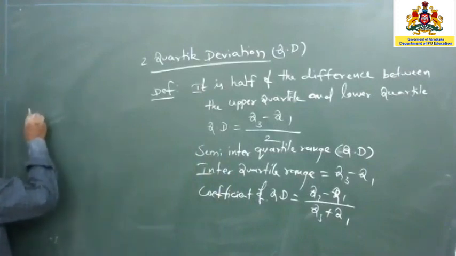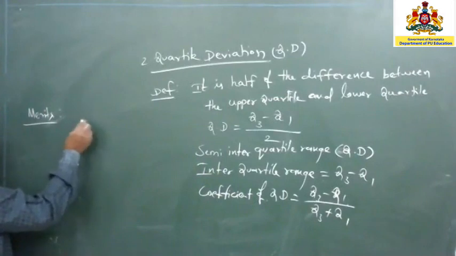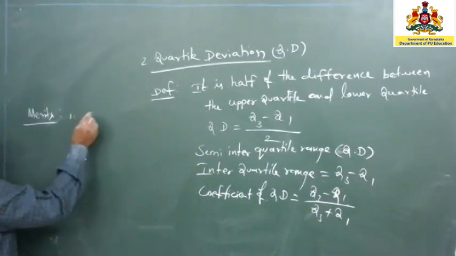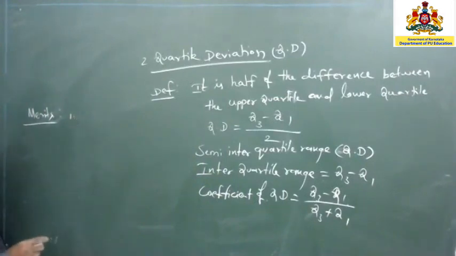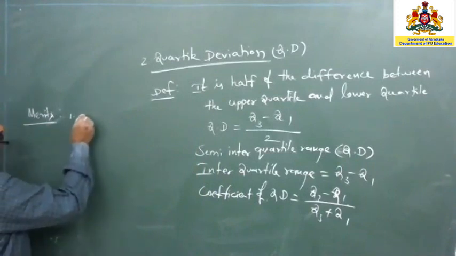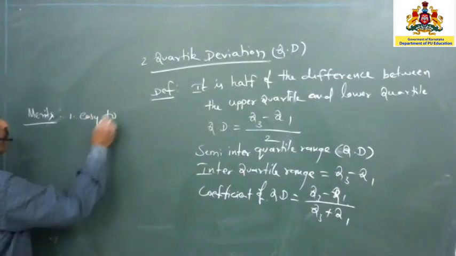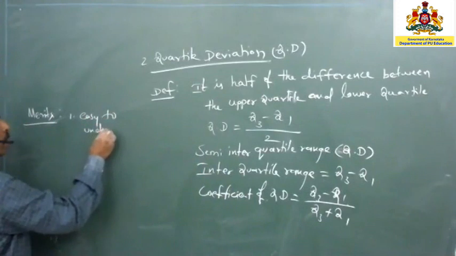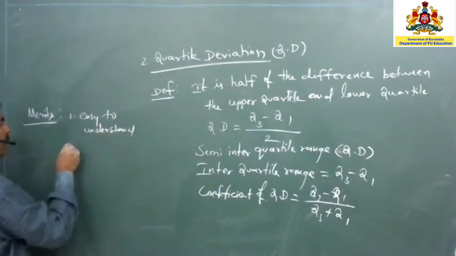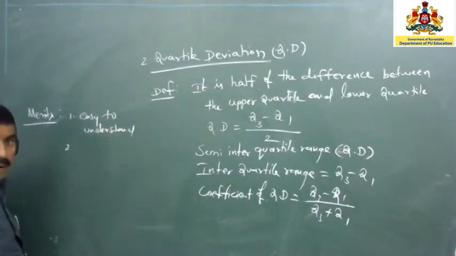In case of merits, it is easy to understand. Compared to range, it is a better measure.